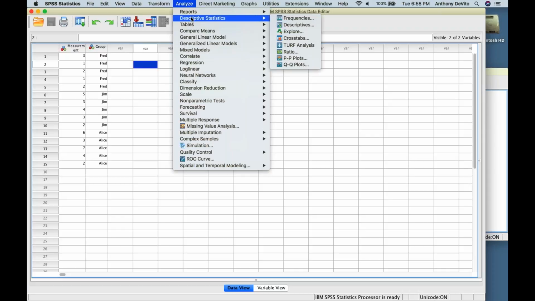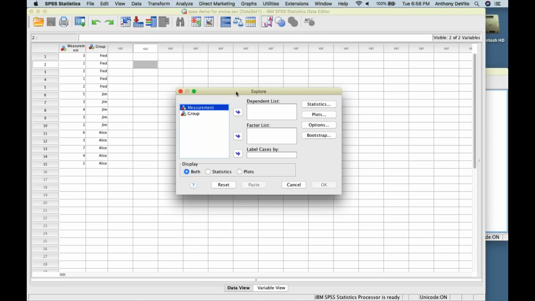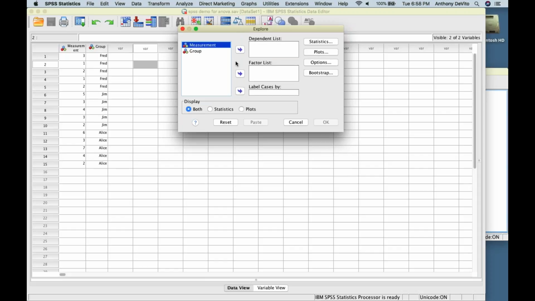Analyze, descriptive statistics. Since I'm going to split it up into 3 groups, in other words, I want to factor it into the 3 groups, Fred, Alice, and Jim, I need to go to Explore rather than frequencies and descriptives. Into the dependent list, I moved a numerical variable. Notice something here?